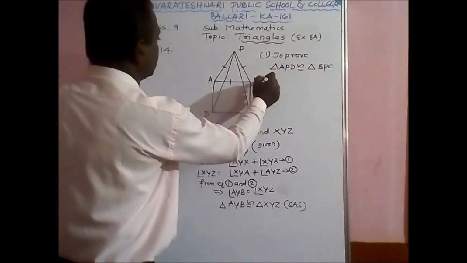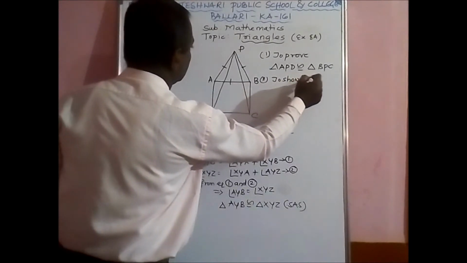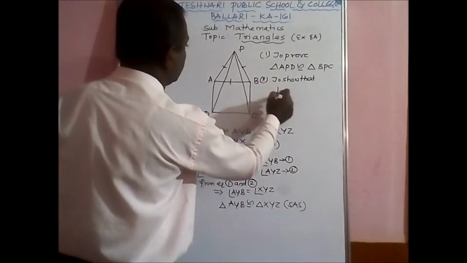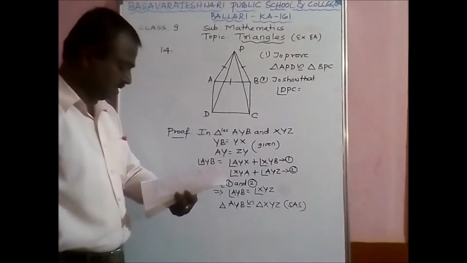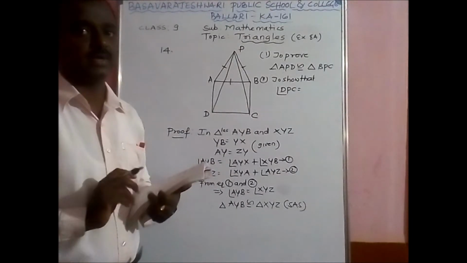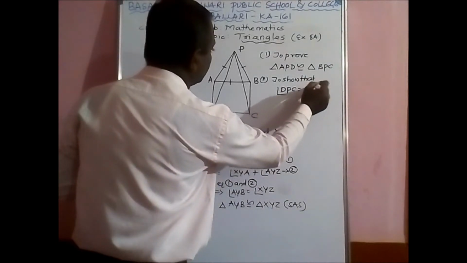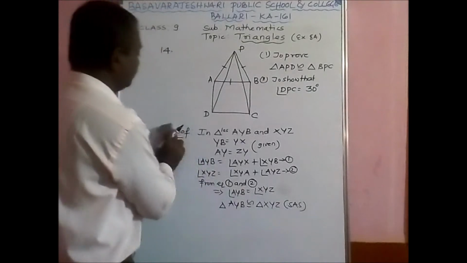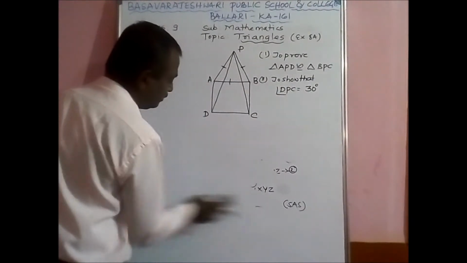Second, to show that angle DPC is equal to 15 degrees, they are given. Make corrections over there. It is not 15 degrees, it is 30 degrees. So you have to prove that it is 30 degrees. We will start with this sum.